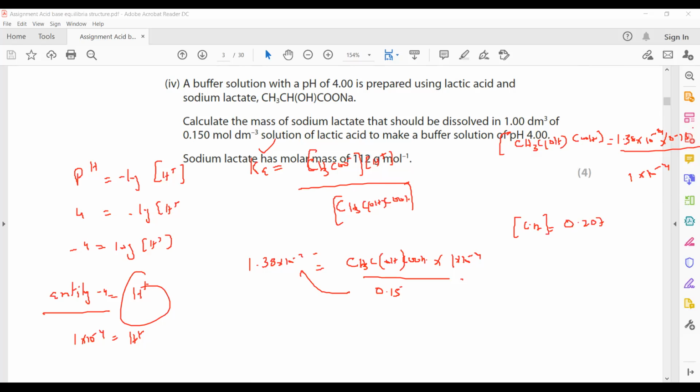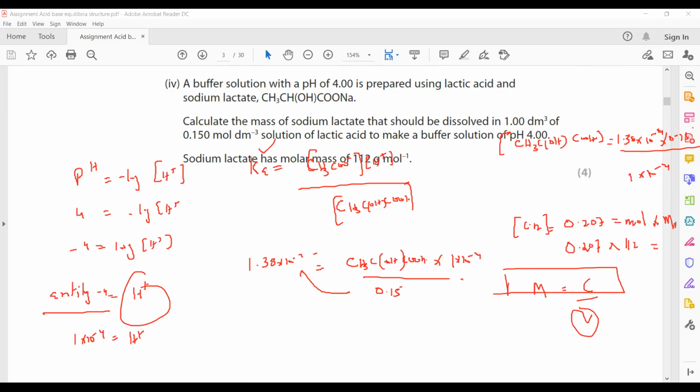As we know the formula, moles equal concentration multiplied by volume, but the volume is 1. So volume is 1, it means the concentration in moles will be the same. So that is a concentration, but that is also moles. And moles multiplied by molar mass, that's given in the question, which is 112. So 0.207 multiplied by 112.